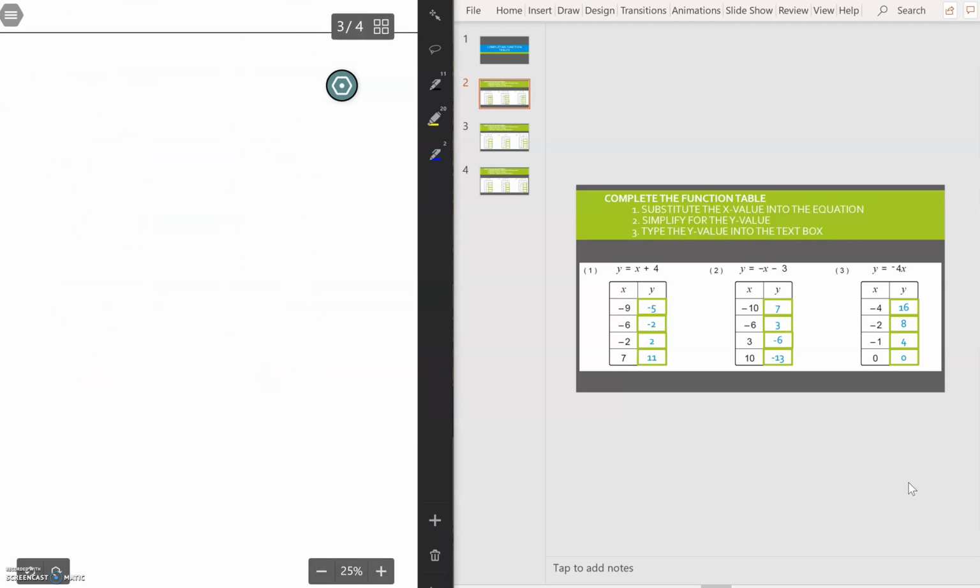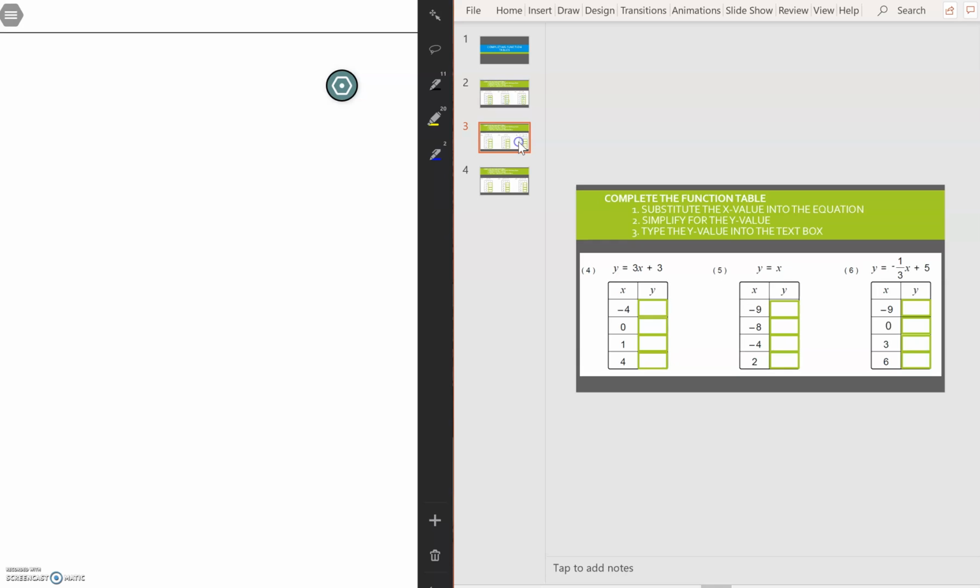All right, I'm going to do a few more problems with you from one of the equations just so you can see it. Number 6. We want to find out what y equals when x equals negative 9.